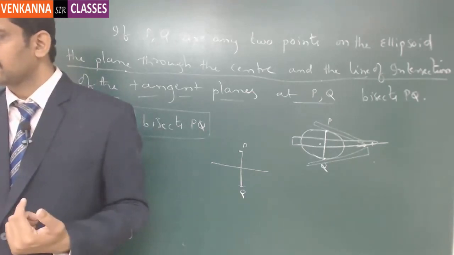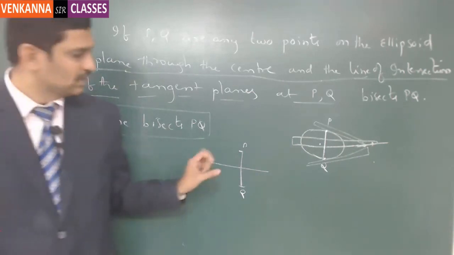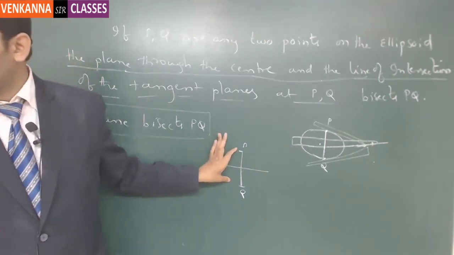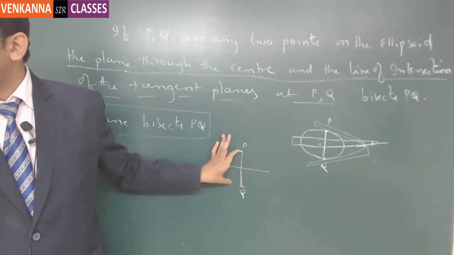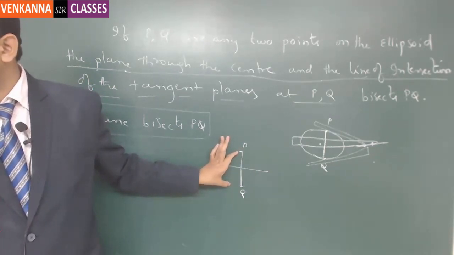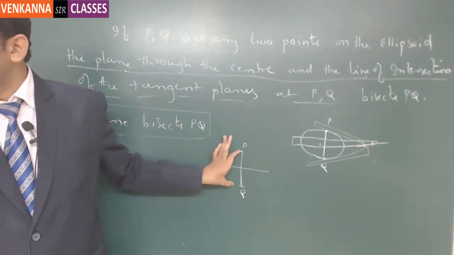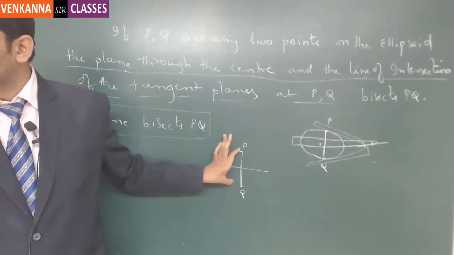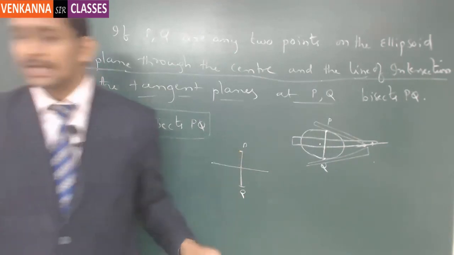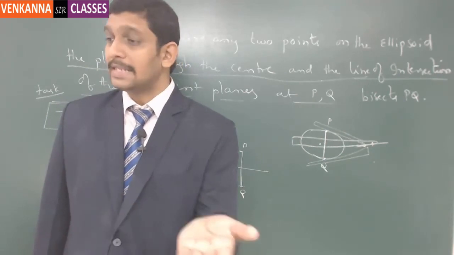Then, in the other way around, if you think, whenever you have 2 points, can we consider the midpoint of it? Can we consider the midpoint of PQ? So, can I say that the midpoint lies on the plane as it is bisecting?